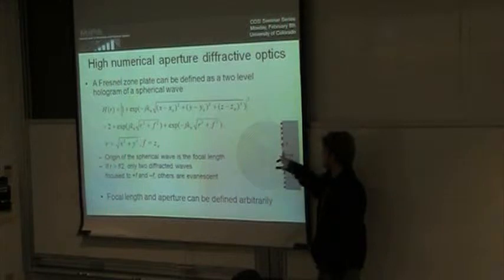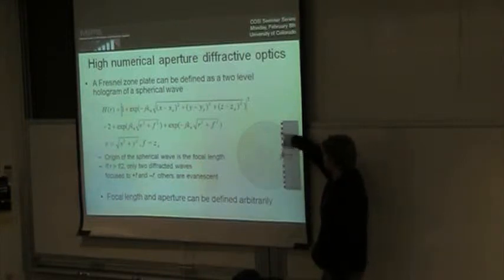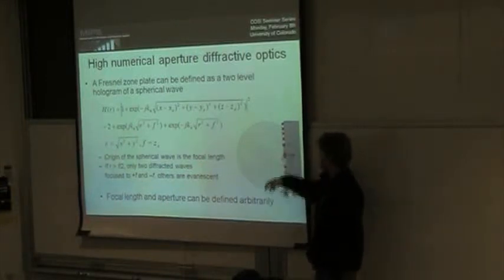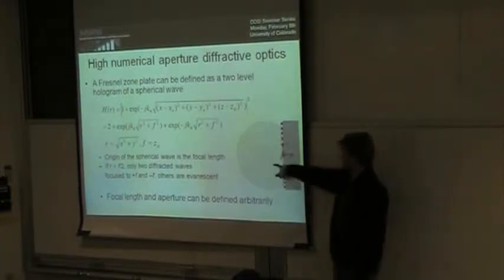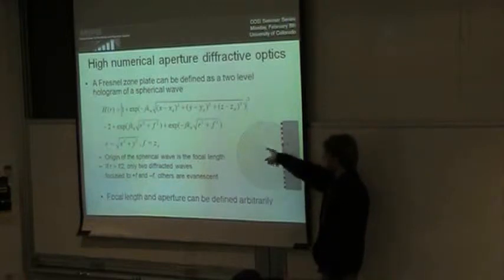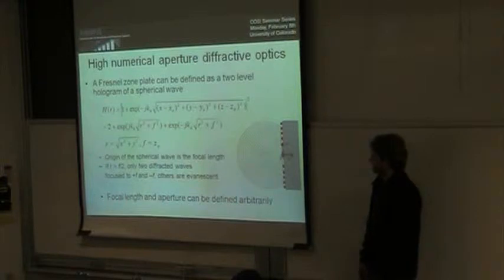This distance is arbitrary, so this is the origin of the spherical wave, and here would be where the lens is. And because we can place this very close, we can make the focal length as short as we want. So we can make the numerical aperture very large. You can make the numerical aperture as large, basically, as the index of the medium that the spherical wave originates in.